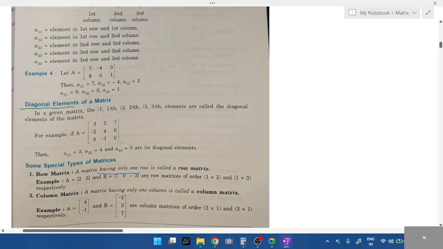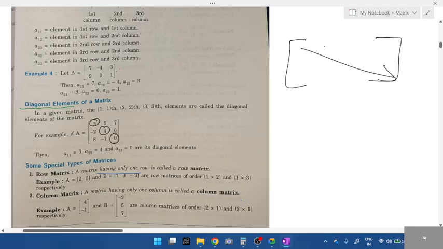In a given matrix, 1, 1, 2, 2, 3, 3 are known as the diagonal elements. 1, 1, 2, 2, see this one and this one are called the diagonal elements, but not the other way. See, only this is diagonal. Don't assume the other one is also diagonal.